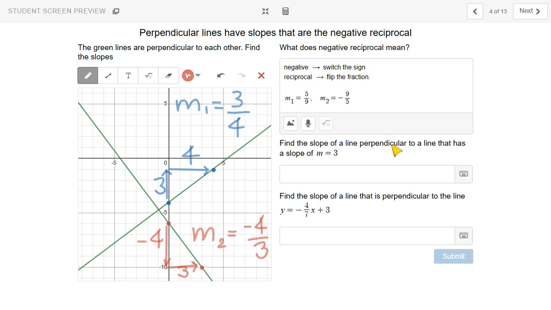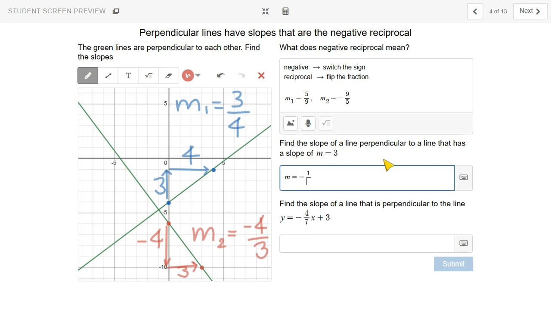Find the slope of a line that is perpendicular to a line that has a slope of m equals 3. Now we know that a perpendicular line will have a slope that's the negative reciprocal. Our new one is going to be negative, and 3 can be expressed as 3 over 1, so we get negative 1 over 3.